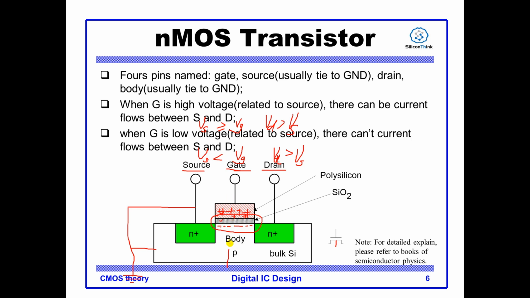So even though your body is p-type, there are some negative electrons at the surface. The voltage on the gate will attract negative electrons to the surface, and these negative electrons will connect source and drain up. Then this makes source and drain connected and can enable the current flow from drain to source if there is a voltage on the drain.